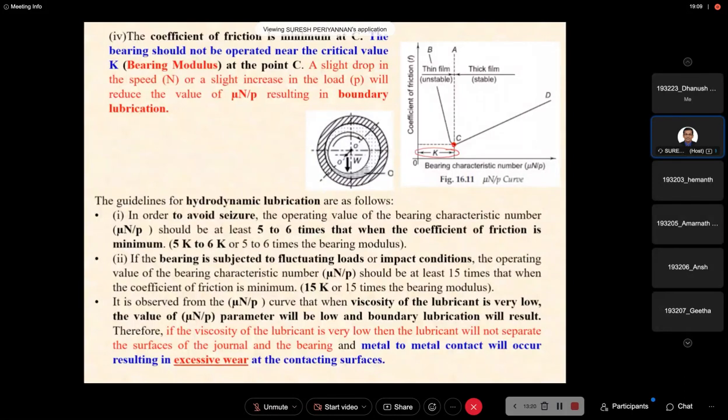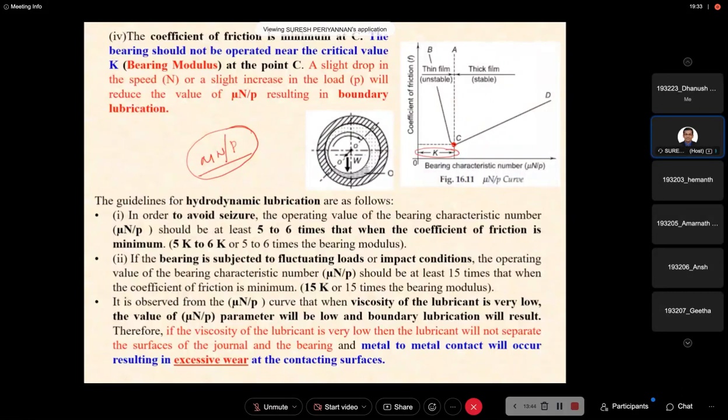Now a slight drop in mu n by p, sorry, mu n by p: a slight drop in speed or a slight increase in bearing pressure will lead to boundary lubrication.